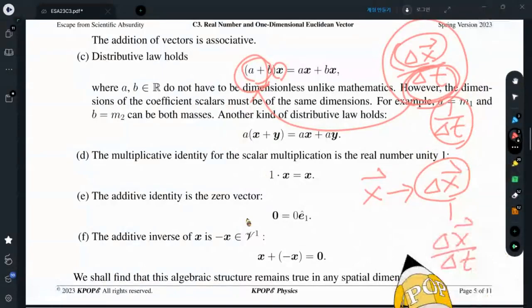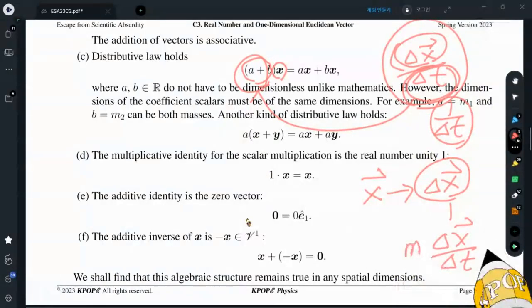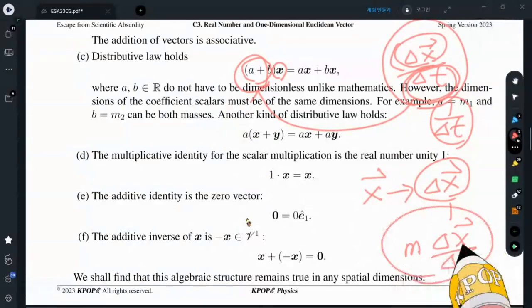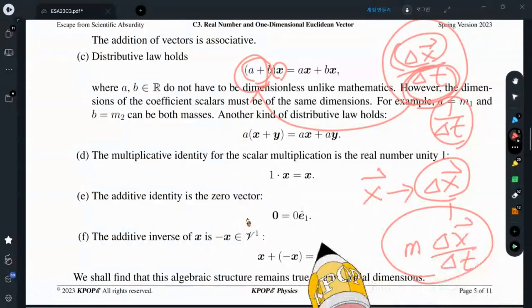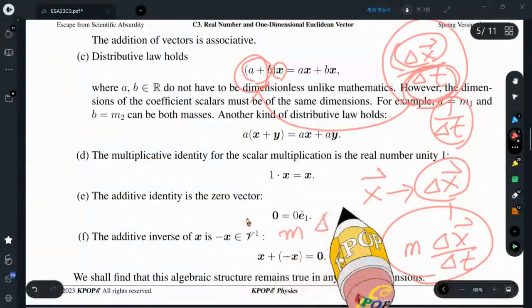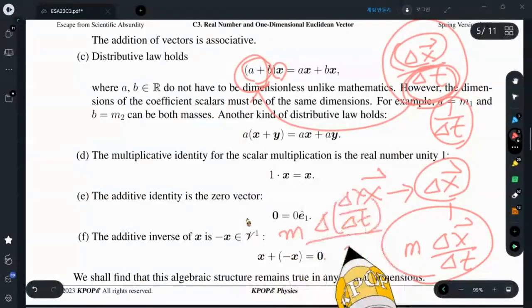And I can multiply mass in here, mass times velocity. What's that? That is a linear momentum. I would like to take the change in this momentum with respect to time. Then what I would get is mass times acceleration.